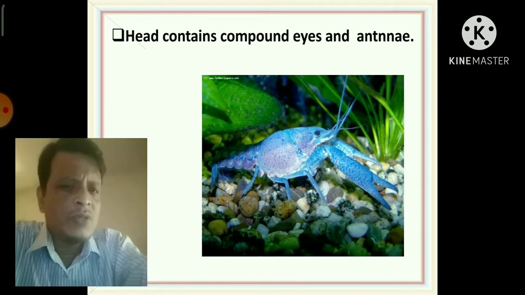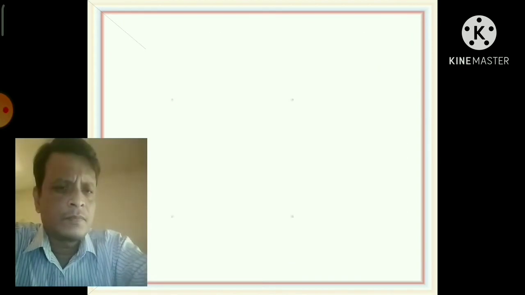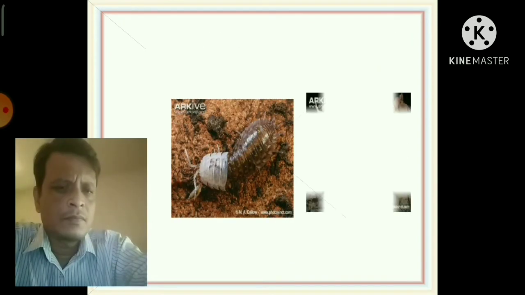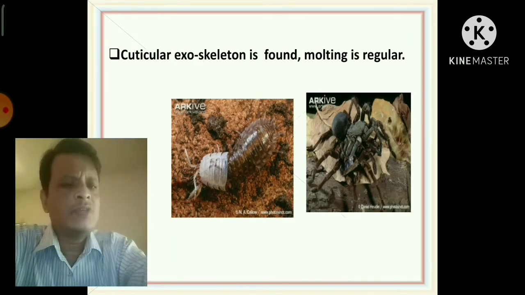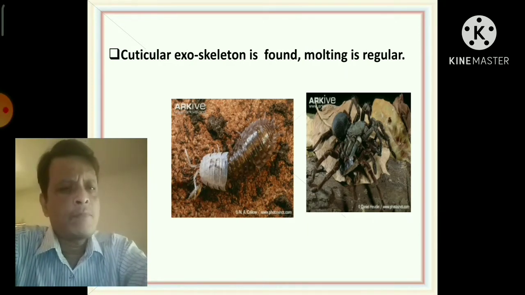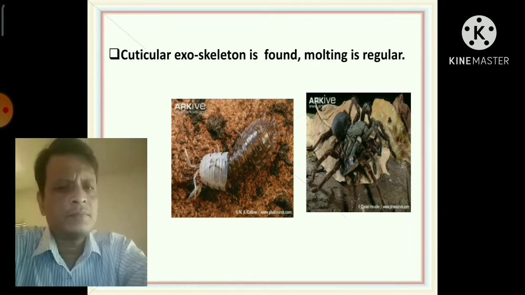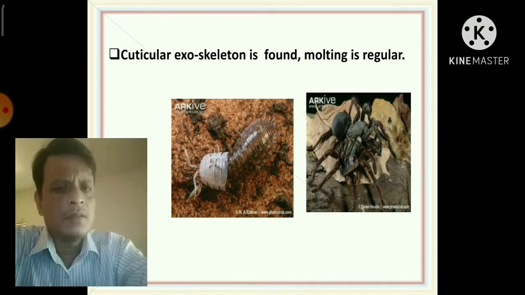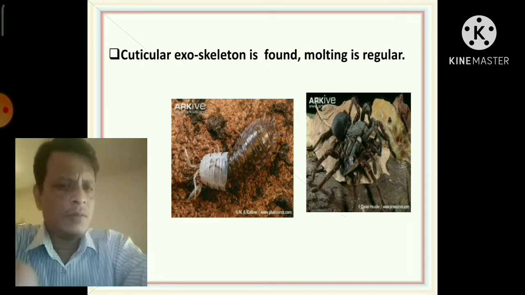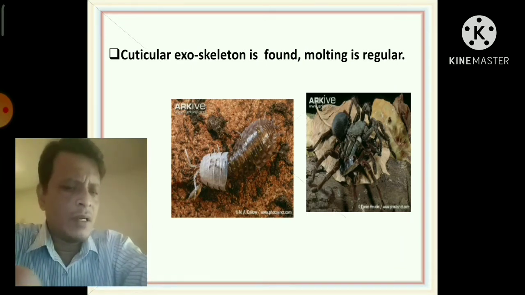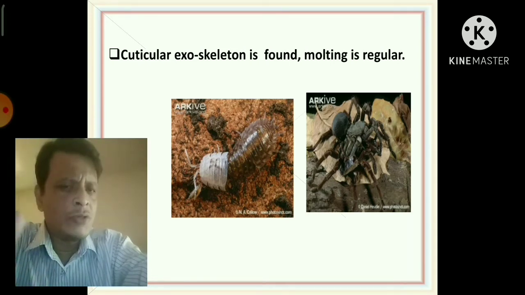Now the head contains compound eyes and antennae. Cuticular exoskeleton is found. Molting is regular. The animals belonging to the phylum Arthropoda are covered by a cuticular exoskeleton, which is made up of chitin.